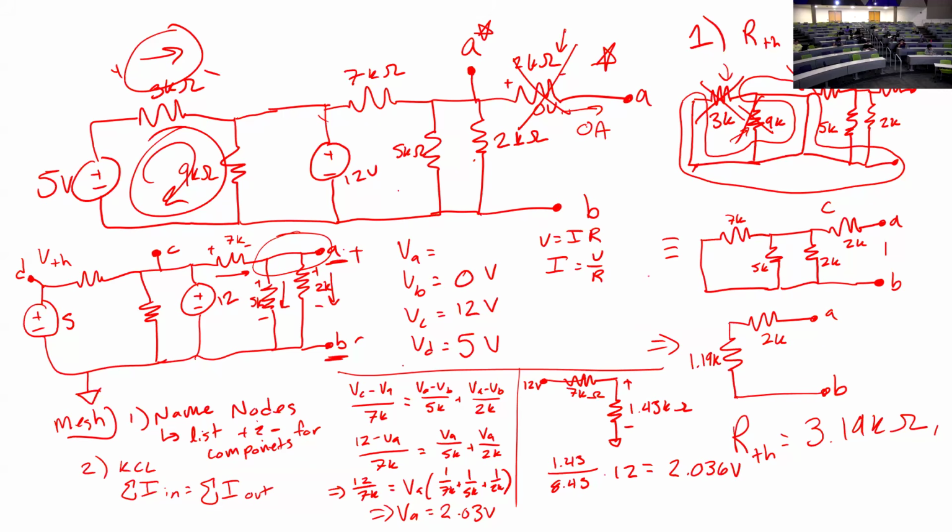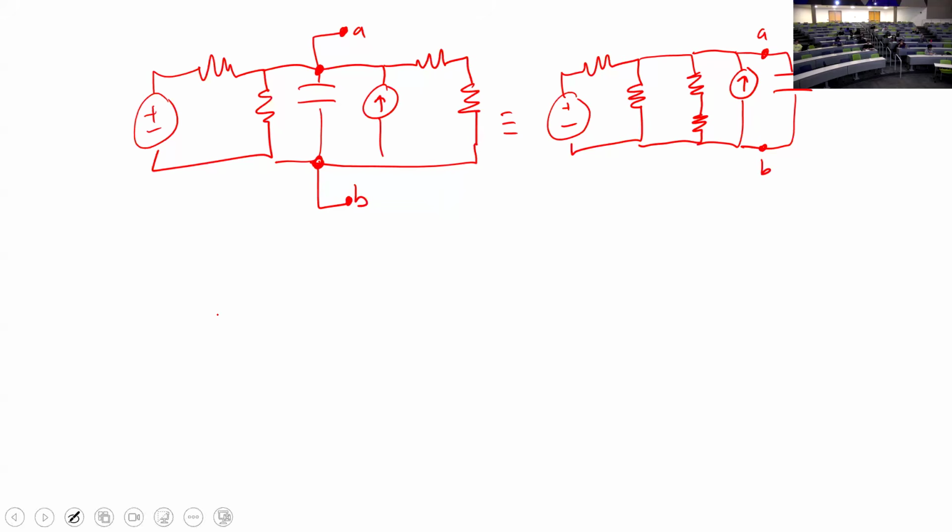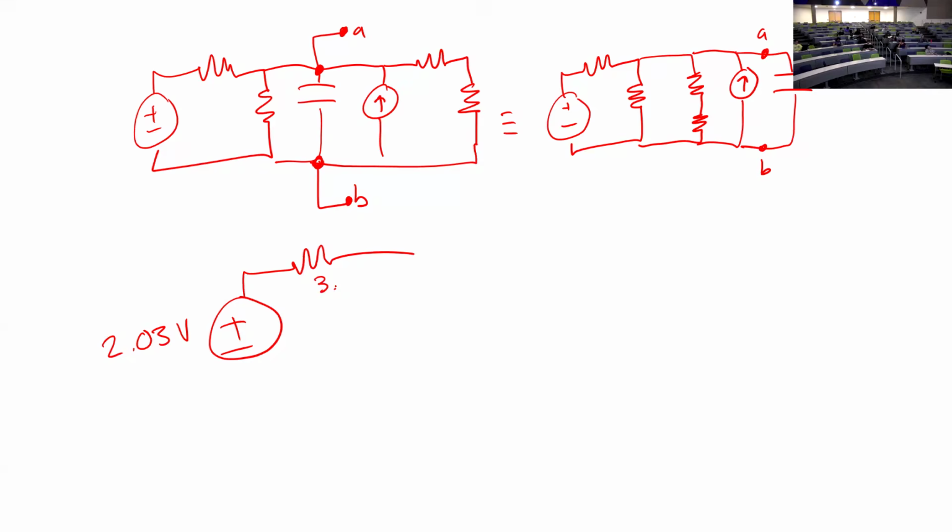So if I have a capacitor here, I did a whole lot of work just to then take the next slide and redraw this as 2.03 volts with 3.19 kilo ohms, and now into my capacitor, where these points were A and B. Instead of all of that complicated stuff and trying to solve for a time constant in a much more convoluted way, make your life easy.